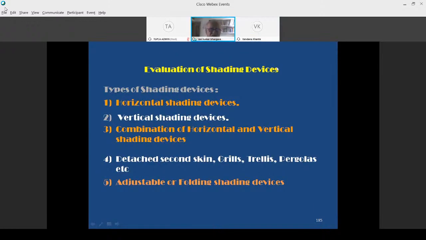Evaluation of shading devices: horizontal shading devices, vertical shading devices, combination of horizontal and vertical shading devices, then detached second skin, like grill, trellis, pergolas, etc., then adjustable or folding shading devices. Every type of shading device has some limitation.